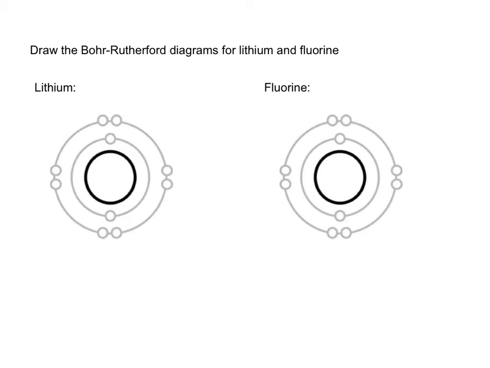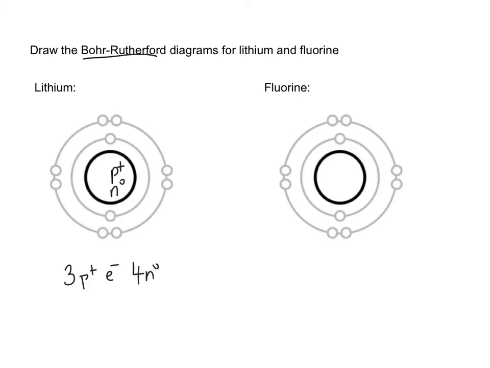Well, to recap, so we know we're doing Bohr-Rutherford, so we need protons and neutrons. So lithium had an atomic number of 3, so there's 3 protons, 3 electrons, and it had 4 neutrons.